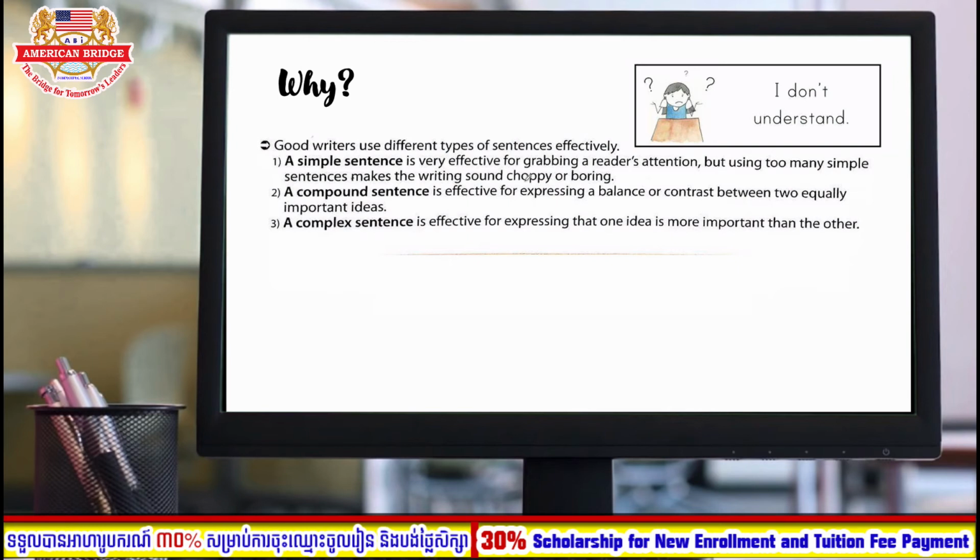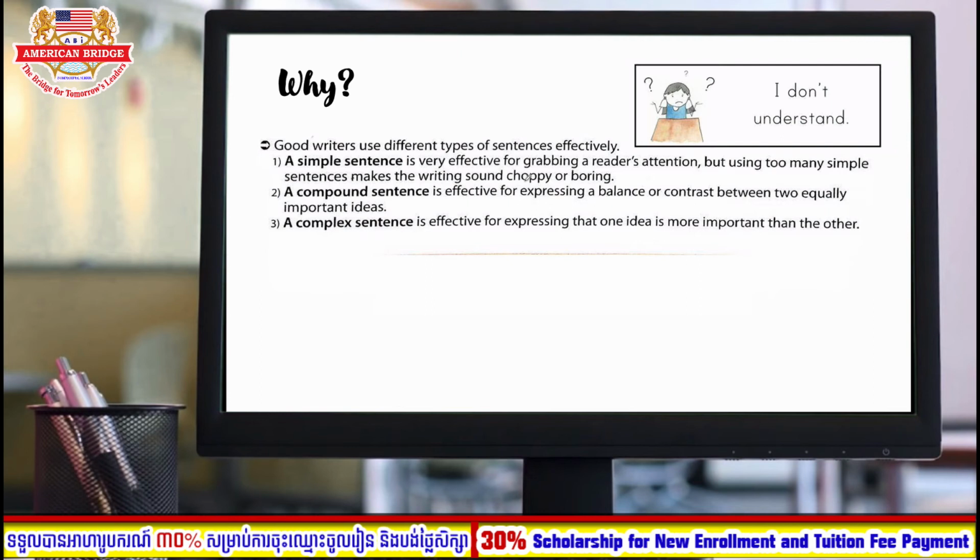For a compound sentence, it's effective for expressing a balance or contrast between two equally important ideas. Last but not least, a complex sentence is effective for expressing that one idea is more important than the other, right? So different types of sentences have slightly different purposes.